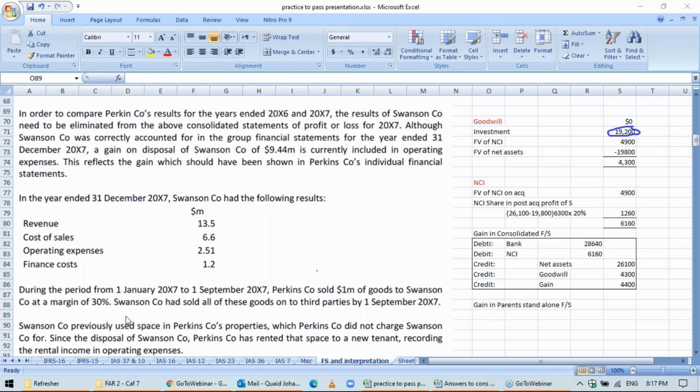So in standalone financials, they will credit the investment. They are not asked for this, but I'm just telling you something in excess. They will debit the bank in the standalone financial statements by the sale proceeds, which is 28,640, and they will credit the investment.